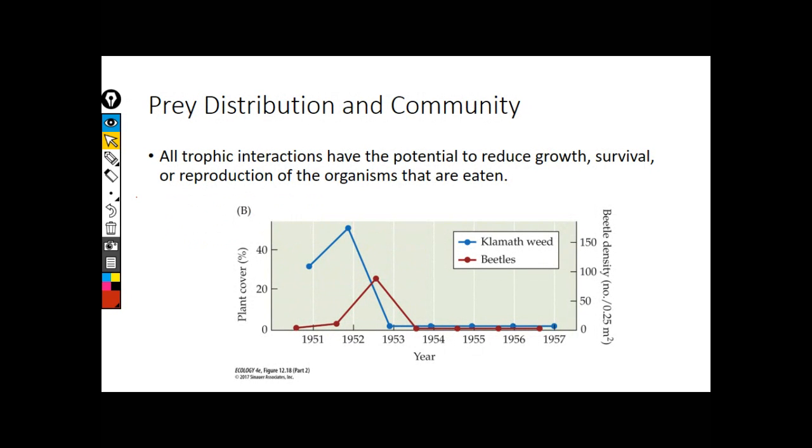Okay, so what we do know in general, as we think about population abundance, population distribution, right, our previous units, is that all of these interactions have this potential to reduce growth. So remember, we think about our density dependent factors, right? Survival and reproduction of the organisms that are being eaten, our prey.